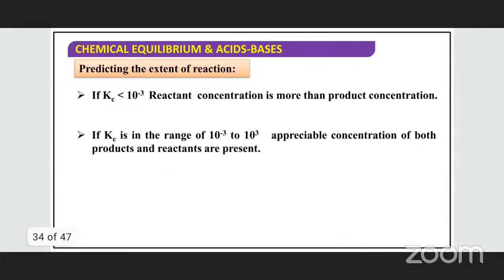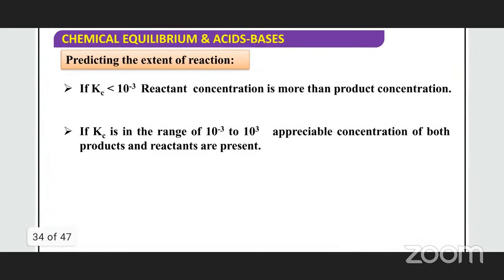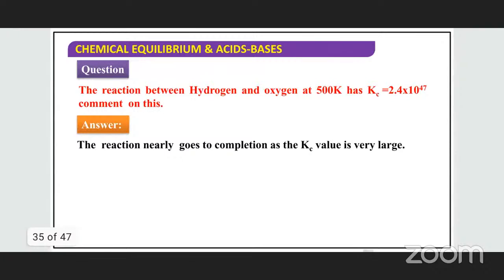If Kc is less than 10 to the power of minus 3, reactant concentration is more than product concentration. If Kc is in the range of 10 to the power of minus 3 to 10 to the power of 3, appreciable concentrations of both products and reactants are present.